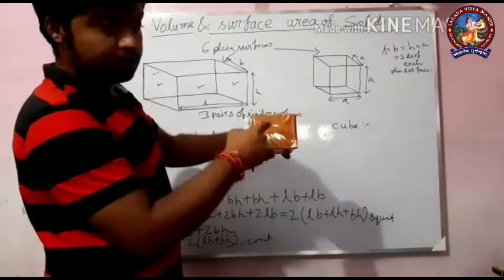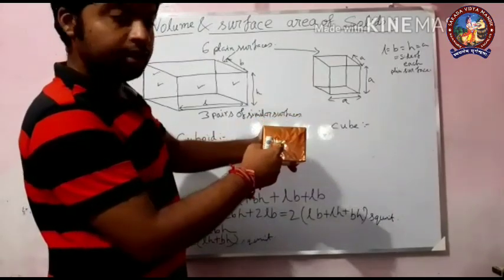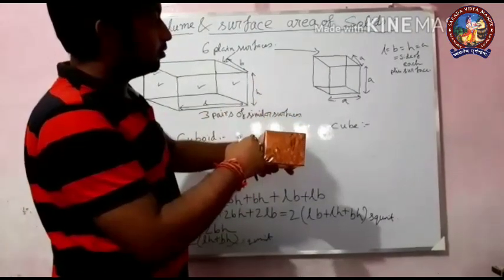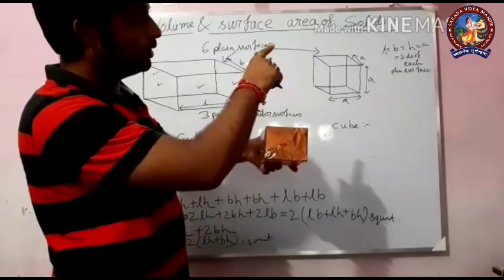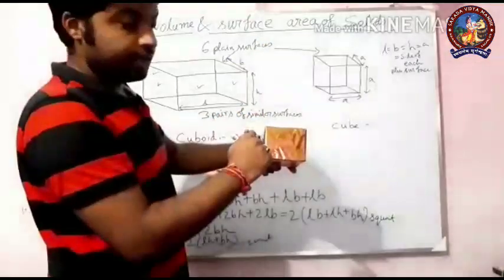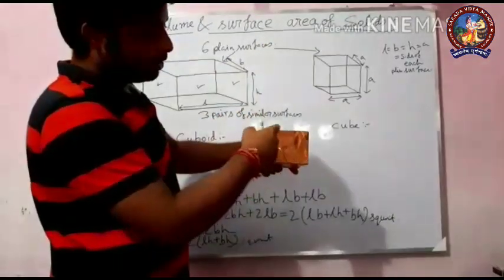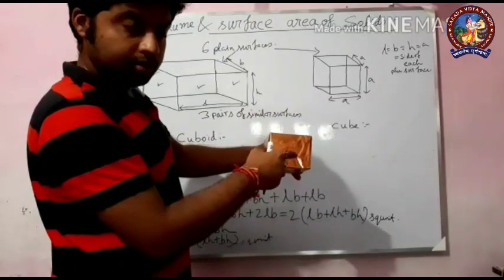The area of this front surface is A into A, A square, since all length, breadth and heights are the same as A.